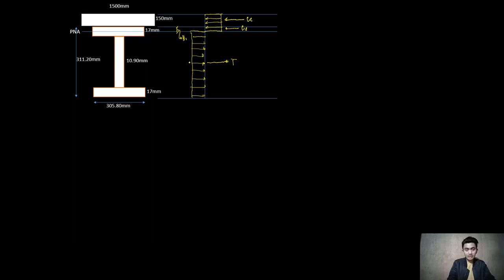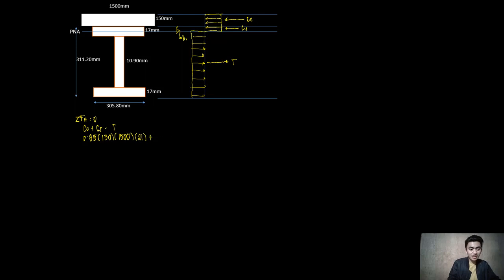And how are we going to do that? That is, of course, by equating summation of horizontal forces equal to 0. So I will have C sub C plus C sub S equal to our tensile force. As usual, C sub C will be 0.85 times a, and this time I will utilize 150 mm times 1,500, which is b, times f'c, which is 21.